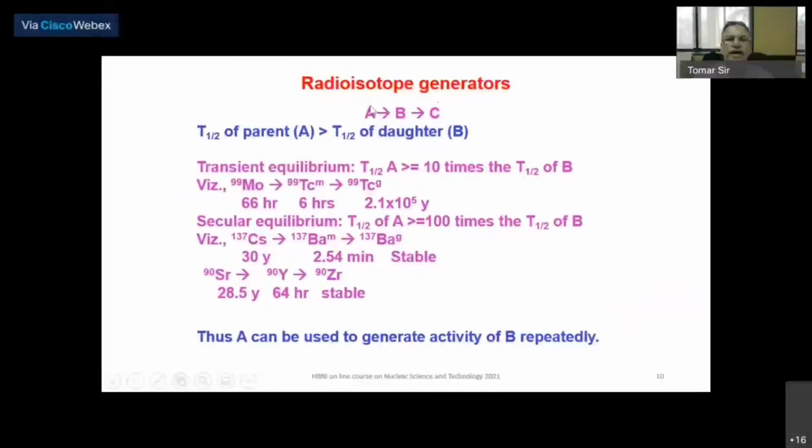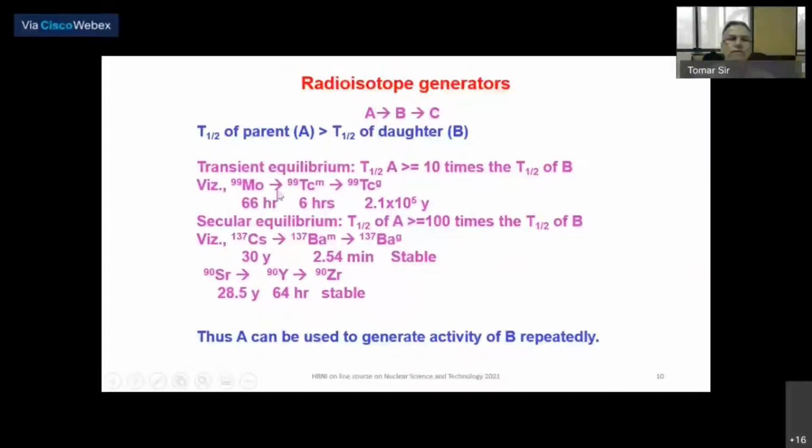Now, if the parent half-life is longer than that of the daughter, then you have some sort of an equilibrium between parent and daughter. So if the half-life of the parent is about 10 times that of the daughter, you say a transient equilibrium is established after about 3 half-lives of the daughter activity.